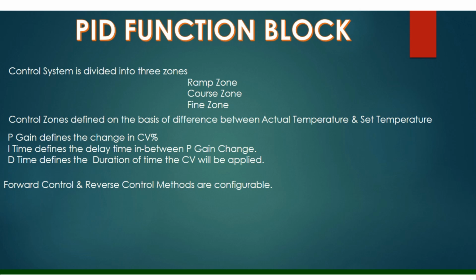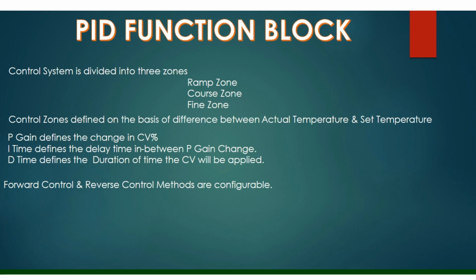For reverse control, this will be the vice versa case. That means if your set value is 5 bar and you want to maintain the pressure of a chamber by controlling some control valve or something like that, to get the pressure down towards 5 bar.